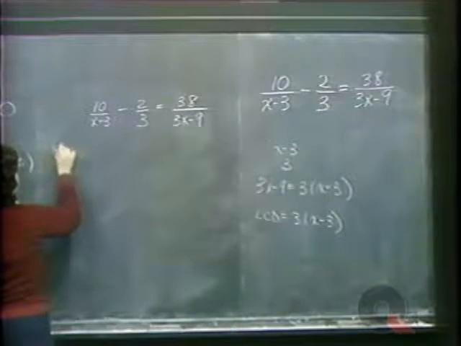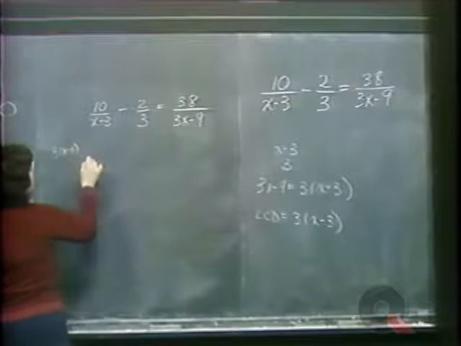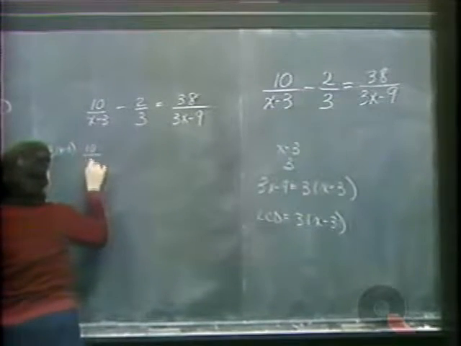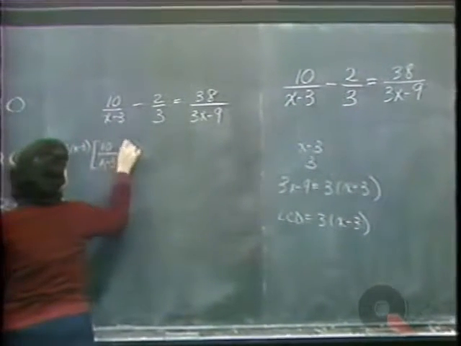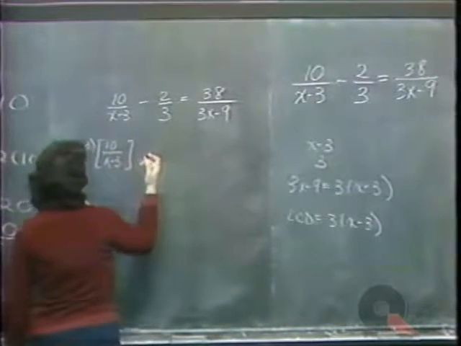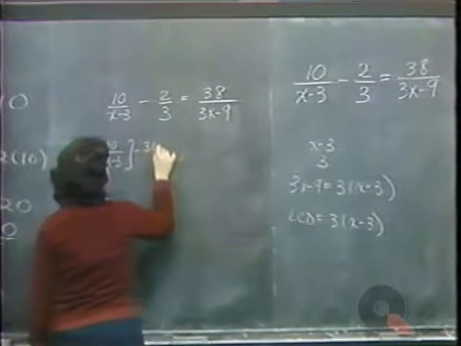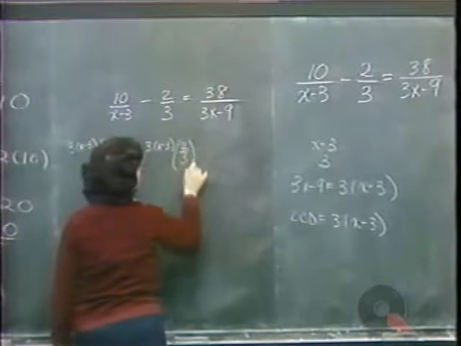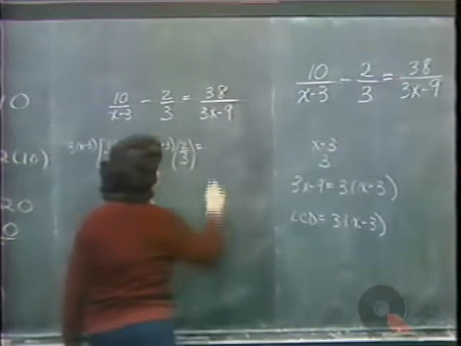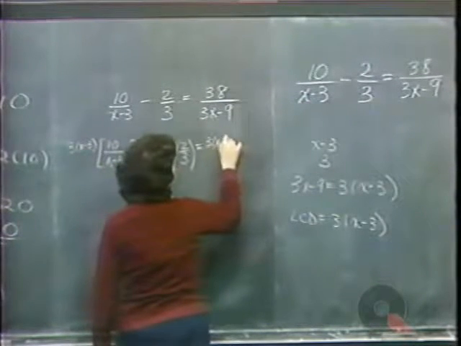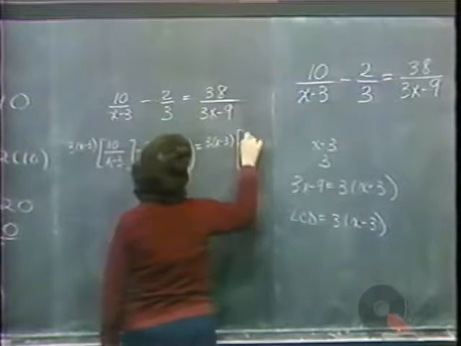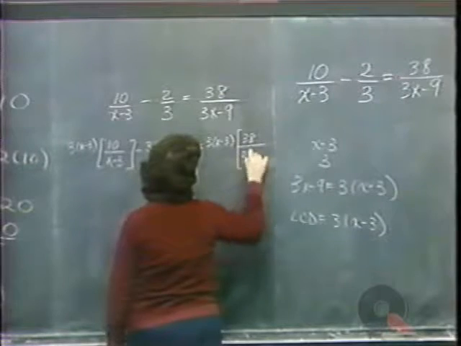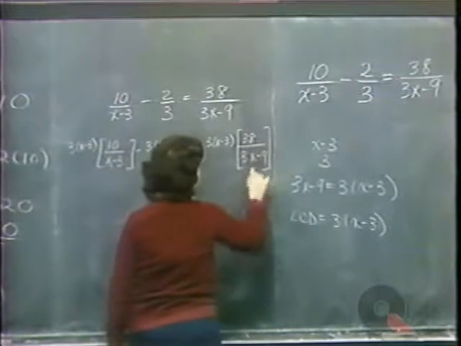So we'll get 3 times x minus 3 times 10 over x minus 3, minus 3 times x minus 3 times 2/3, equals 3 times x minus 3 times 38 over 3x minus 9.